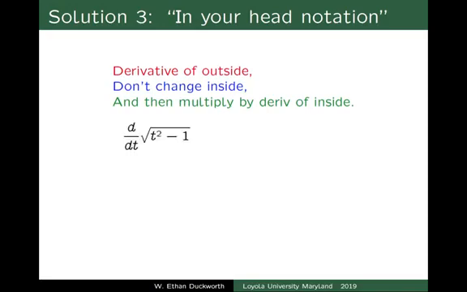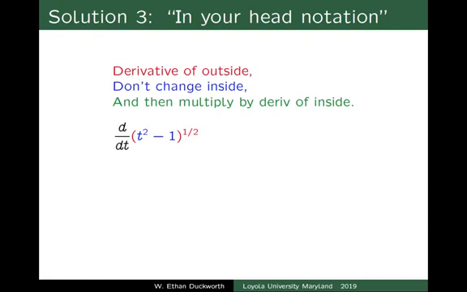Okay, so here's the original formula, the derivative of the square root of t squared minus 1. And of course, the first thing I should do is rewrite that with a 1/2 power, so that that's the power rule that I will use. The next thing I'm going to do is identify what is the inside and what is the outside. So the inside is in blue, that's the t squared minus 1, and the outside are these parentheses to the 1/2.